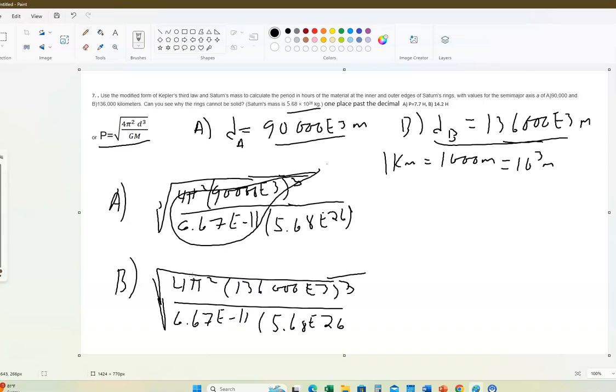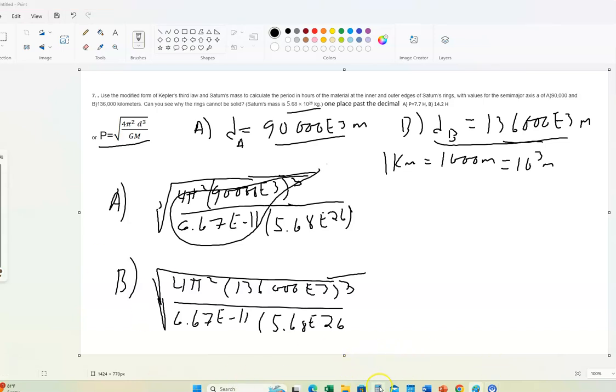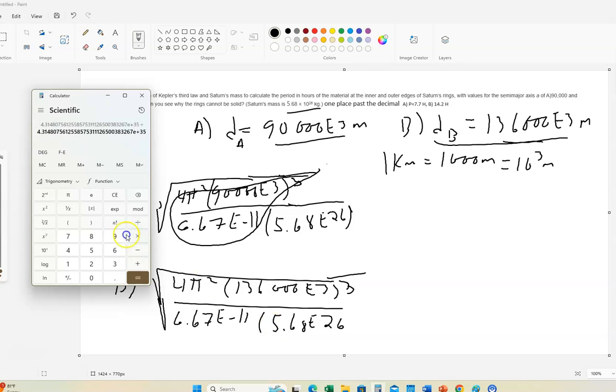Then I'm going to divide that by the mass of Saturn, 5.68 times 10 to the 26th, and then I have to take the square root. And that's the answer in seconds.